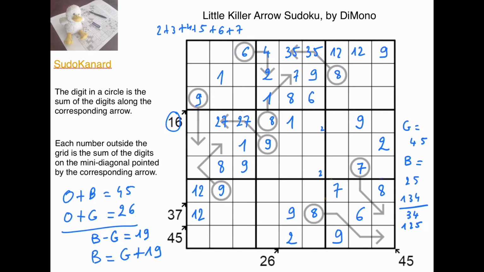But Sudoku tells me this is a 6, and this is a 7, and we need 3, 4, 5 in those cells. We need an 8 here. One, 3, 4, 5.